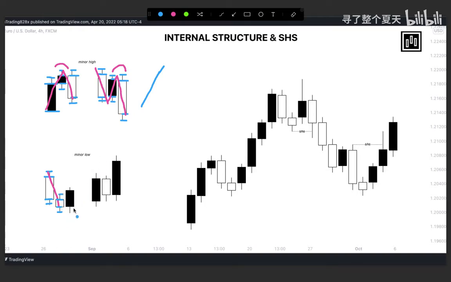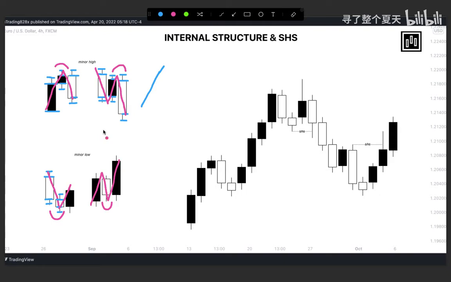So again, we have a bullish candle, so it means price is pushing to the upside. Now you understand the open, high, close, so here price is pushing to the upside like this, hence we have a minor low. So in this case, price is pushing up, right, and then down, and then up again, hence we have a minor low, right?